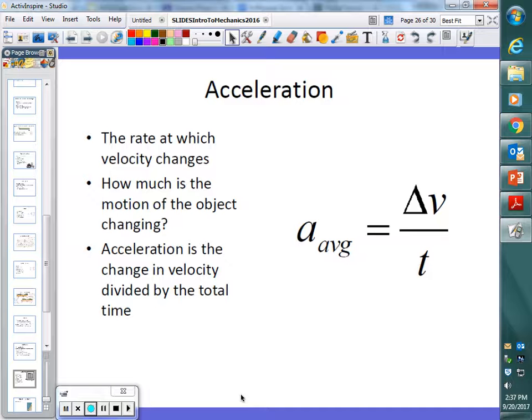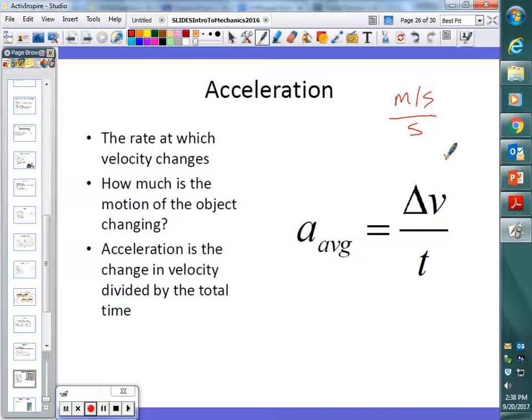Let's talk about units. What do we measure velocity in? Meters per second. What do we measure time in? Seconds. Okay? We have a complex fraction here.